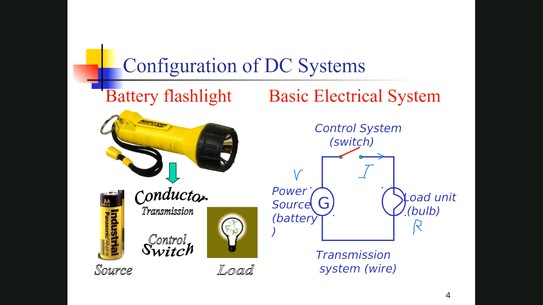So we use voltage to represent the source capability. We use the current to represent how much power flows into the load. We use the resistance to represent the characteristics of the load. Generally, all conductors, all components in a system have resistance.